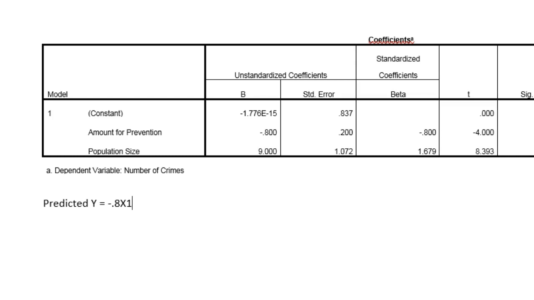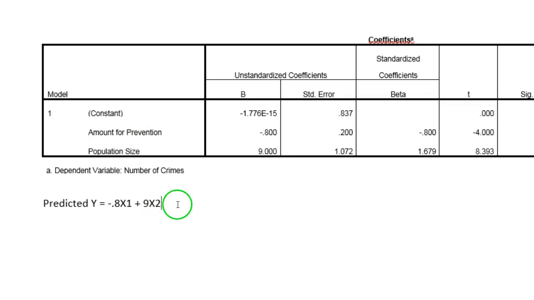I'm just going to put x1 for the time being. Plus, now we need to figure out what our slope is for the second predictor variable, and in this case it's 9. So I'm going to put 9x2.